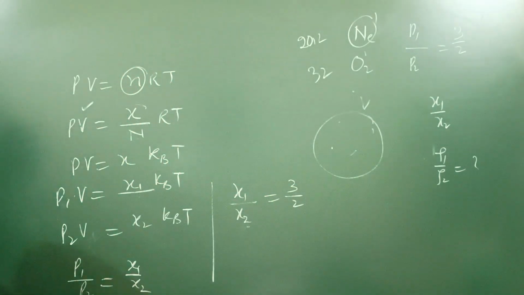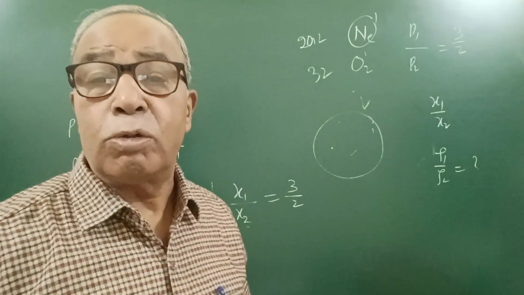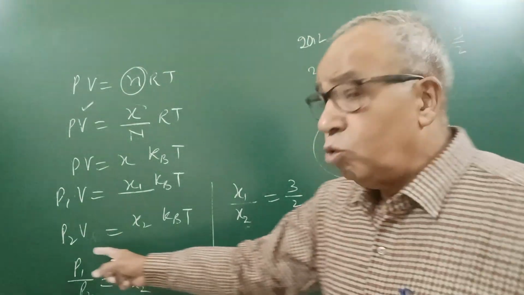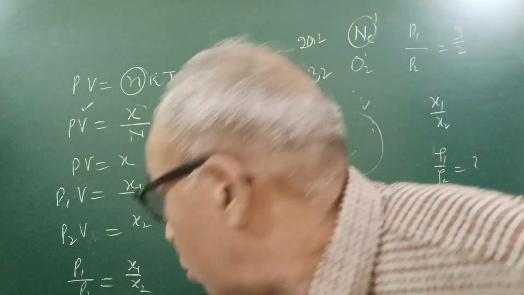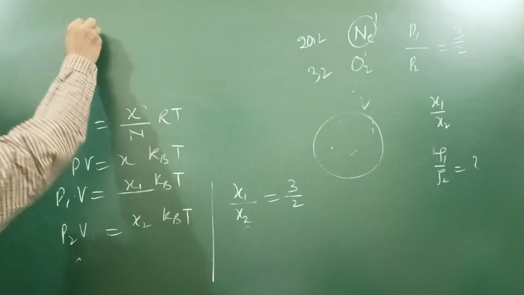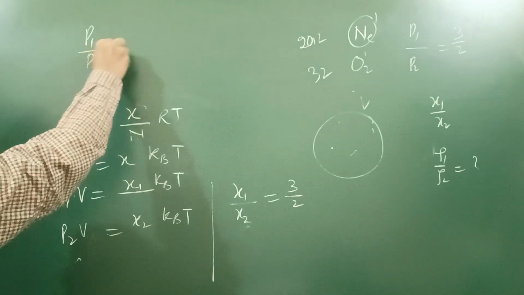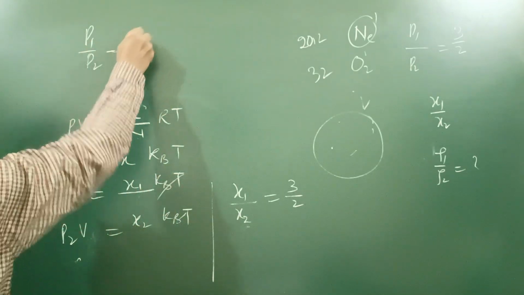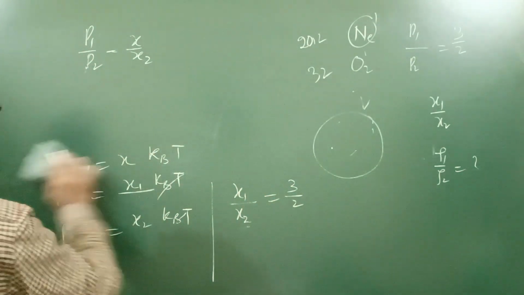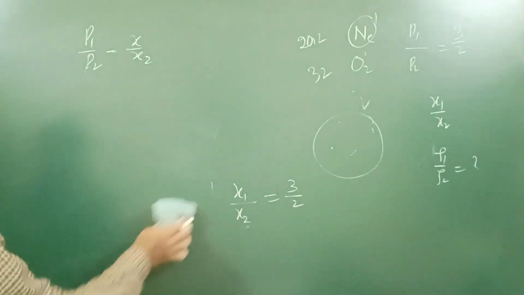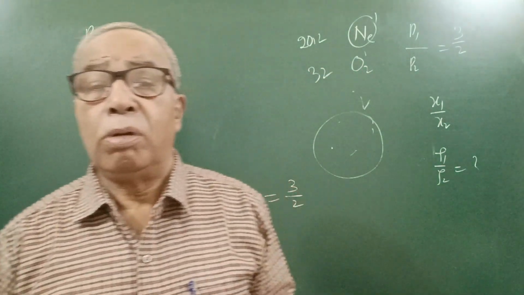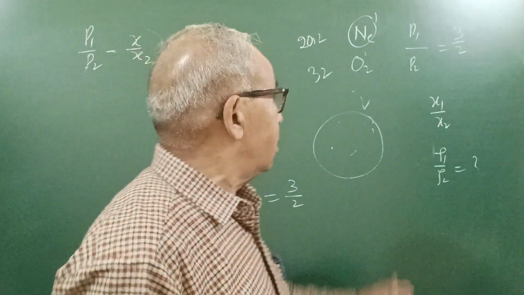But if a learner is given this question directly without being told, I hope he or she will not be able to do it. P1 upon P2, the rest cancel, equal to X1 upon X2, and P1 upon P2 is 3 by 2. So this is the ratio of molecules, that is, the pressure of any gas is also proportional to the number of molecules present in the container.